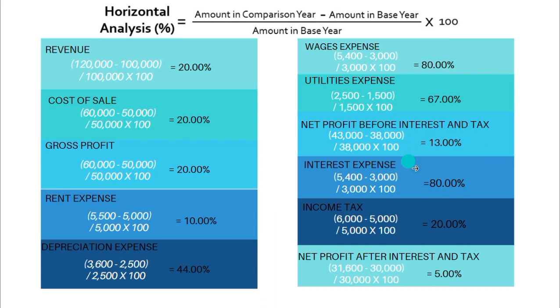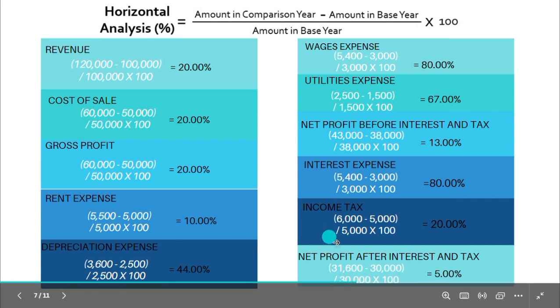For interest expense, 5,400 minus 3,000 divided by 3,000 times 100 is 80%. For income tax, 6,000 minus 5,000 divided by 5,000 times 100 is 20%.